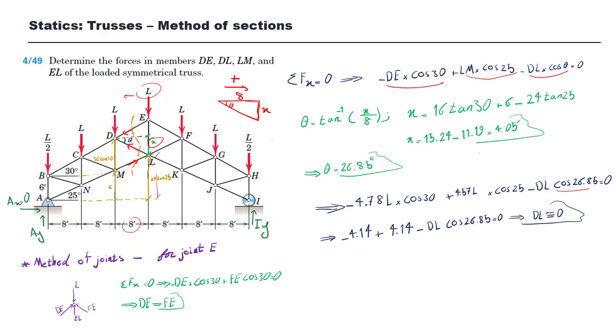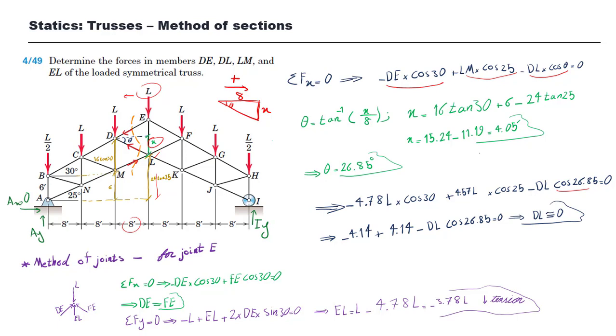By writing an equilibrium equation along the x direction, we can see that DE and FE are equal. Already we know the amount of DE, so right now FE is not unknown anymore, and we know it. Also, we could understand by symmetry that these two forces are equal.